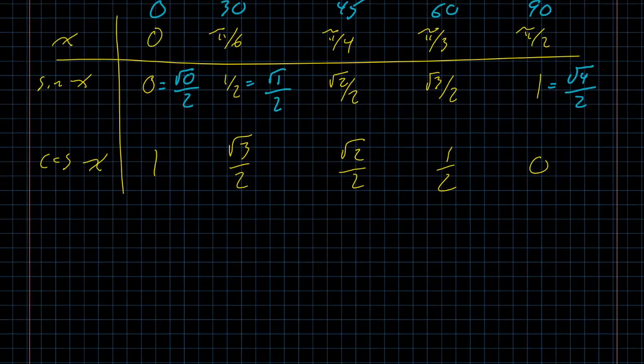I'm going to go here straight to secant. The secant of x is the reciprocal of cosine. So you get 1. You get, well, I guess it would be 2 over the square root of 3, but we usually rationalize that and call it 2 root 3 over 3.